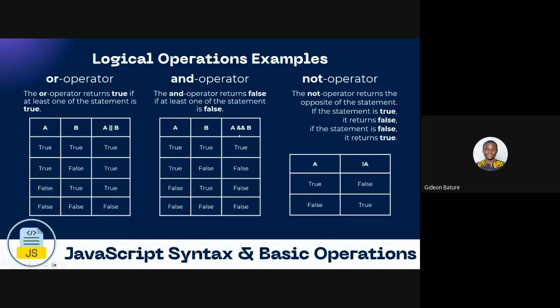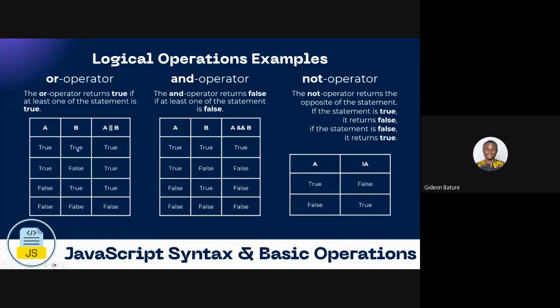So now we have our AND operator. What it does is, so far any of the comparison operators I'm checking is false, my result will definitely be false. So you can say AND is like the direct opposite of OR. For OR, so far one is true, my result is going to be true.